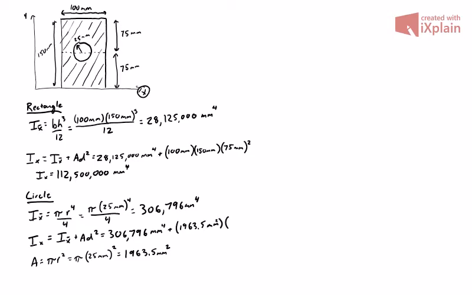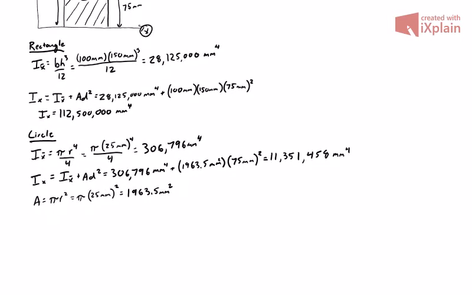The distance that it's moved, again, is 75 millimeters squared, giving us a moment of inertia for the circle of 11,351,458 millimeters to the fourth.